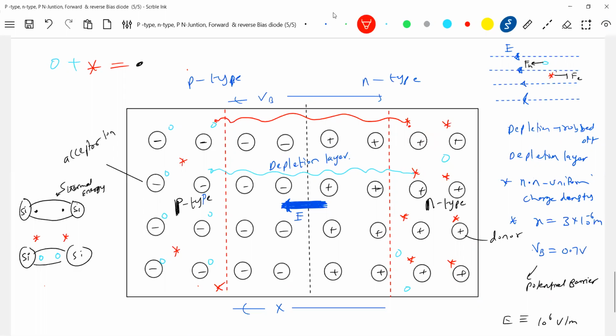So here I'll put it: covalent bond breaks up in P type, N type, and in the depletion layer. Making also will occur; later on I'll write that. For the time being, okay.